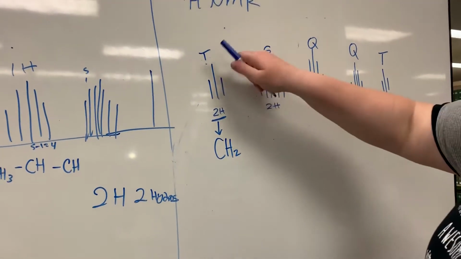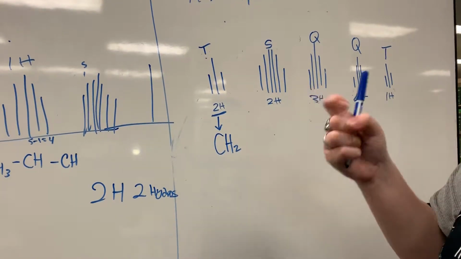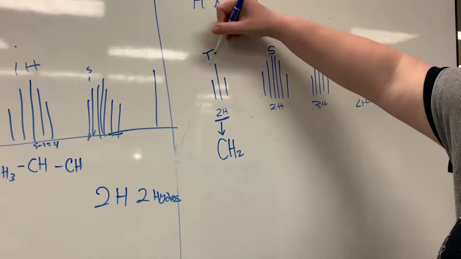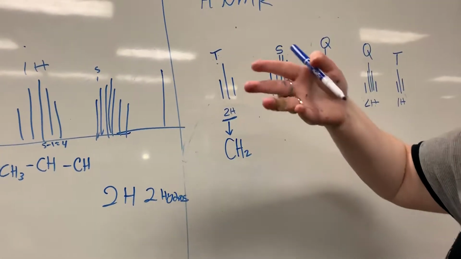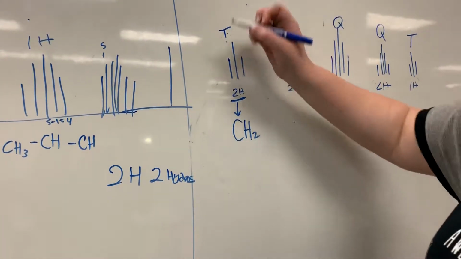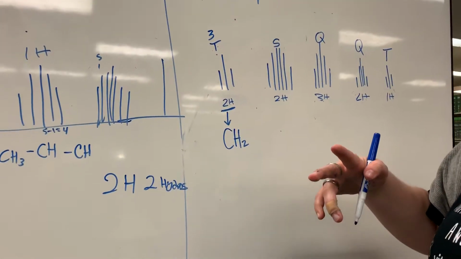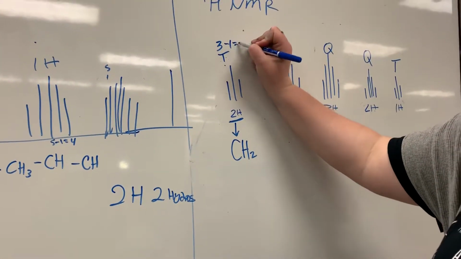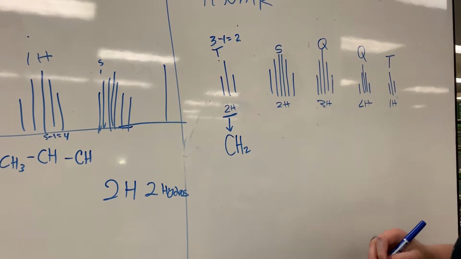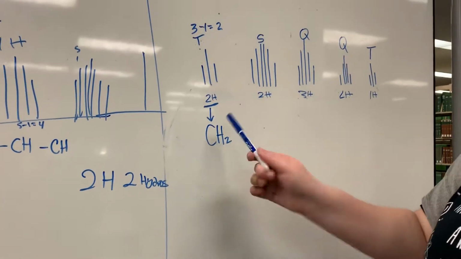So now we look up here. A triplet represents what number? Like neighbors? We did -1. Why did we do -1? So we can find out how many neighboring hydrogens are connected to this carbon.